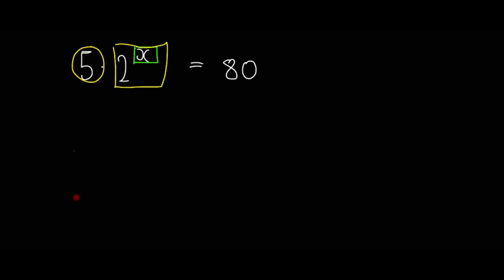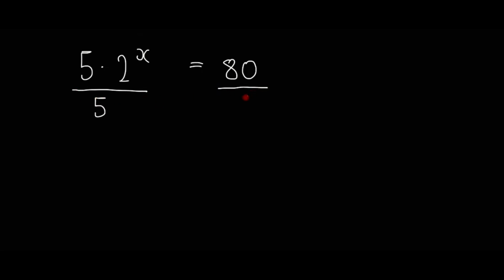And then what if finally 5 times 2 to the exponent x is equals to 80? The first thing, our variable is an exponent, but this time around this part is a coefficient. So always when we have this coefficient, we want the part that holds the variable always to be on one side and to be 1.